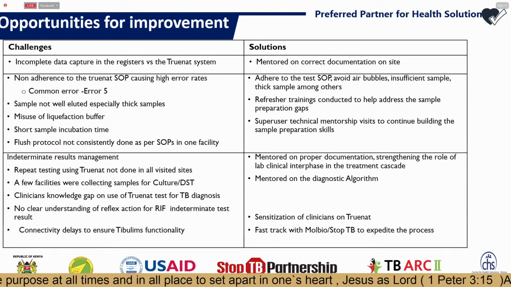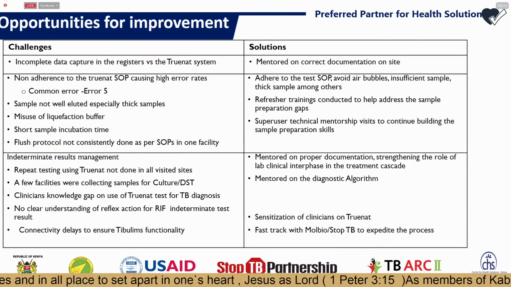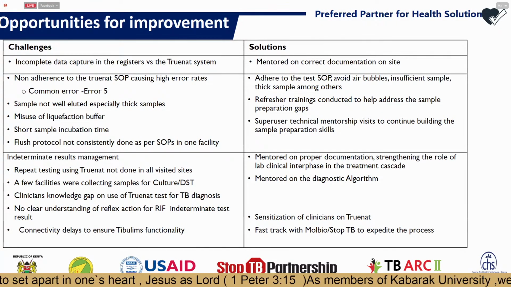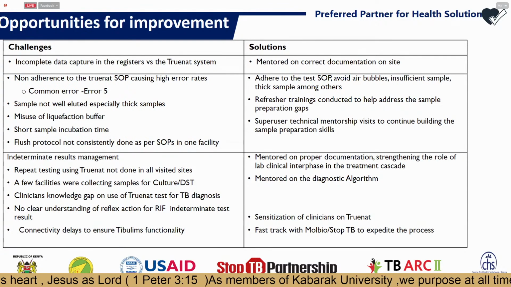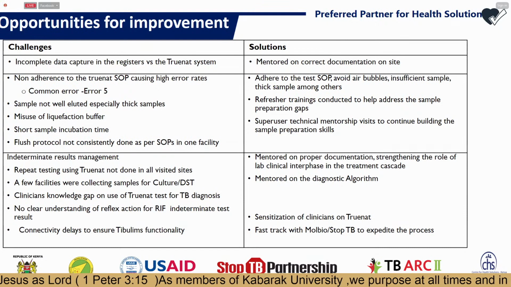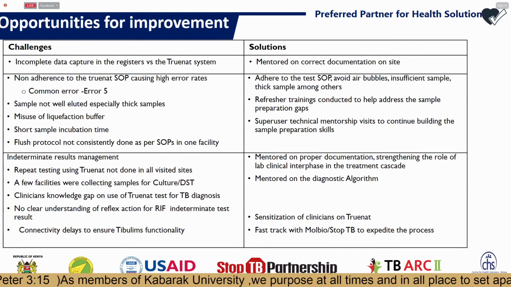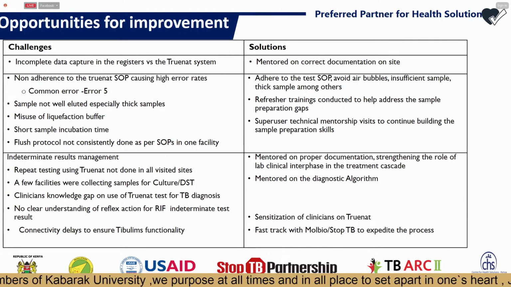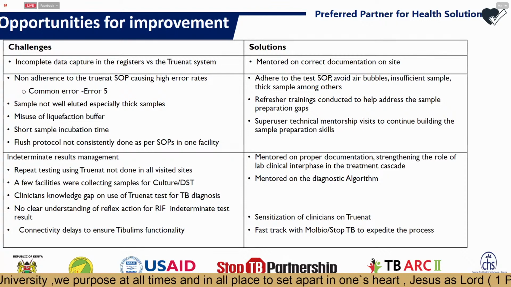There were issues to do with data capture because the registers were not being fully documented, although the data was well available in the Truenat system. Adherence to SOPs was a challenge, especially with different types of errors, specifically error 5, that is an error that focuses on sample management.